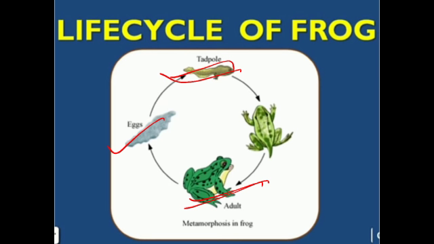The transformation of the larva into an adult through drastic changes is called metamorphosis. As I told you at the start of this class, metamorphosis is the process in which there is transformation of the larva into an adult through drastic changes.